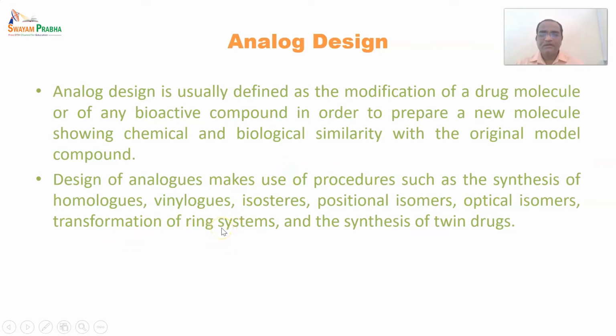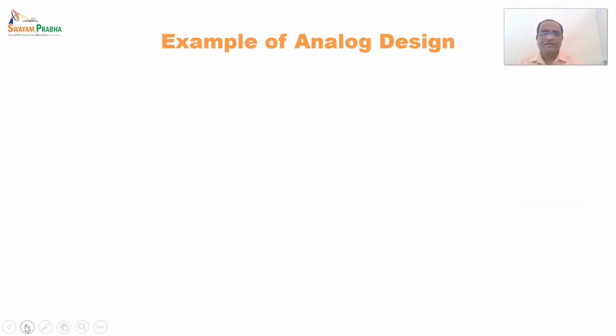Sometimes instead of a pyridine ring or a benzene ring, other ring systems are also utilized, that is heterocyclic systems, and synthesis of twin drugs. So these are the procedures by which analogs are designed. We'll see an example of an analog design.